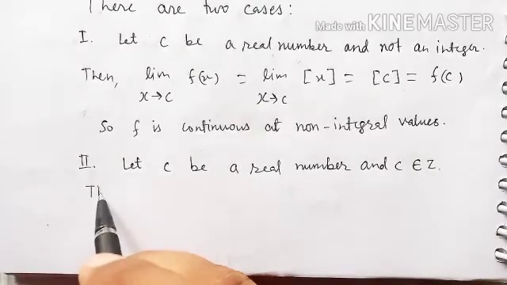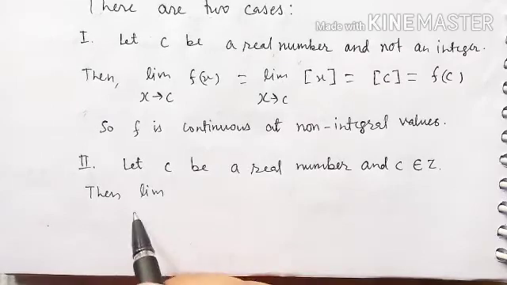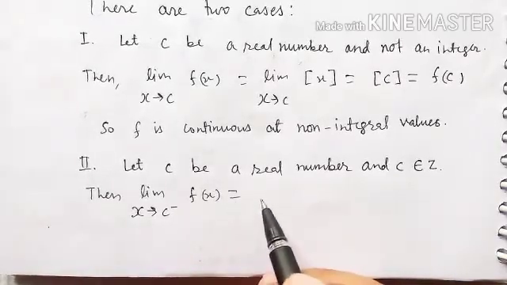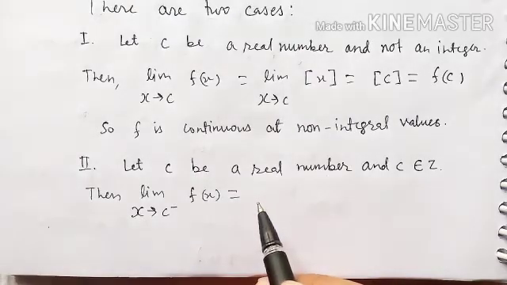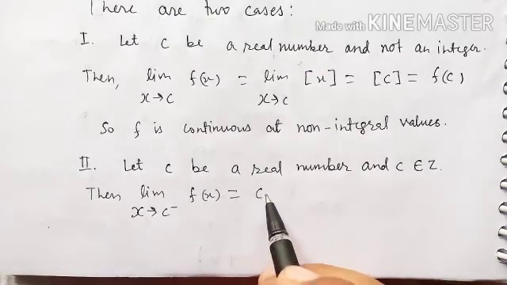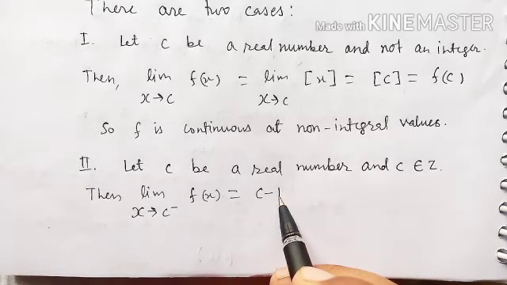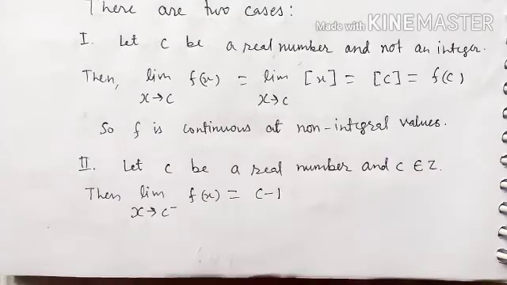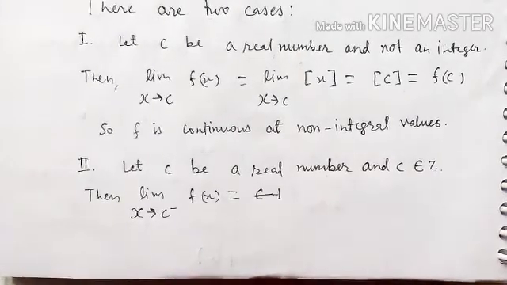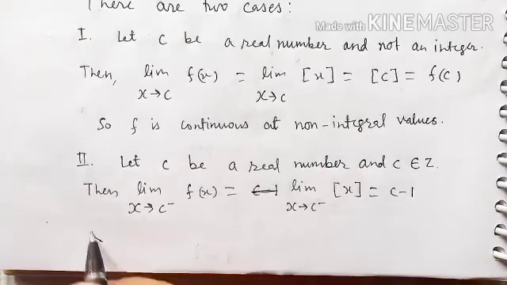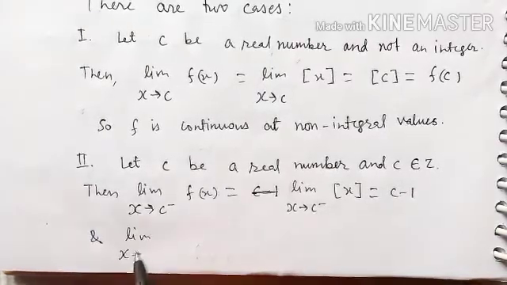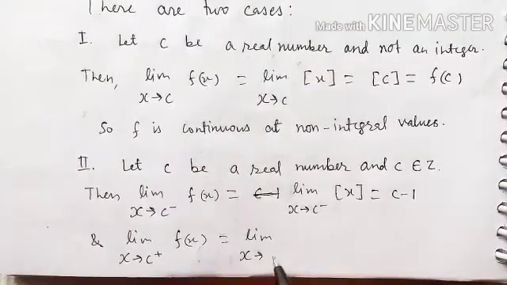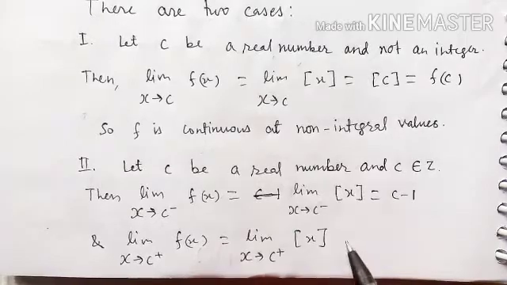Then limit x tends to c minus of f(x) is equal to c minus 1. Let me elaborate this step. And limit x tends to c plus of f(x), the limit x tends to c plus of greatest integer x, is c.